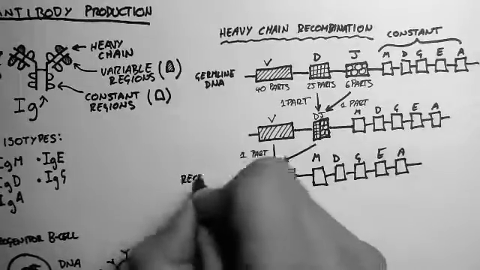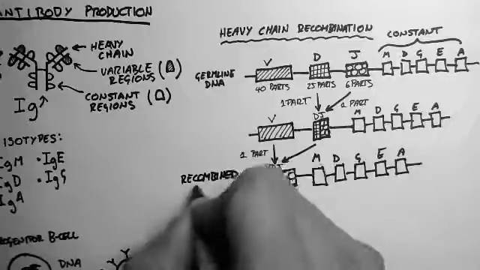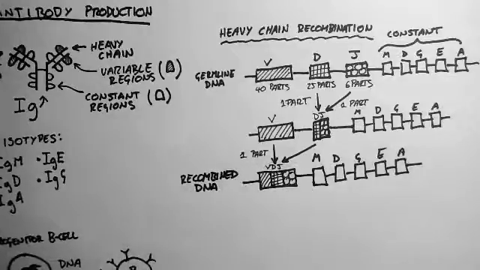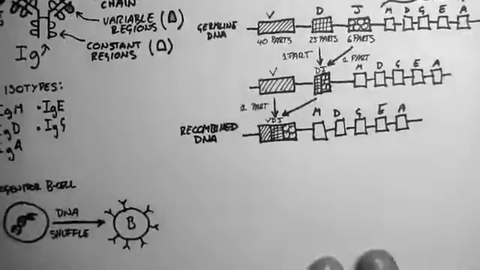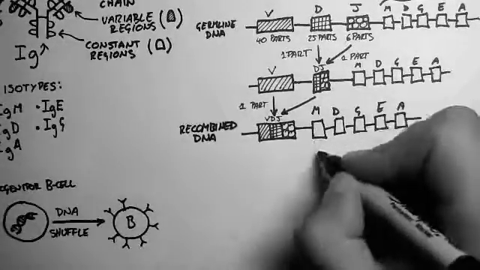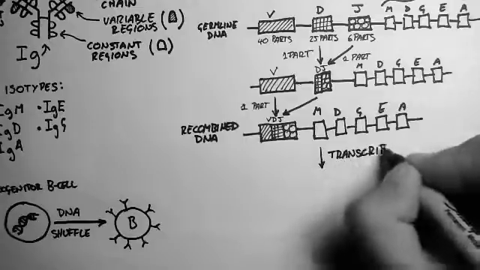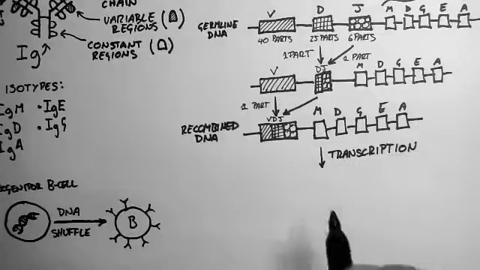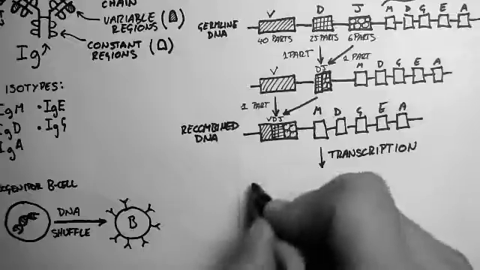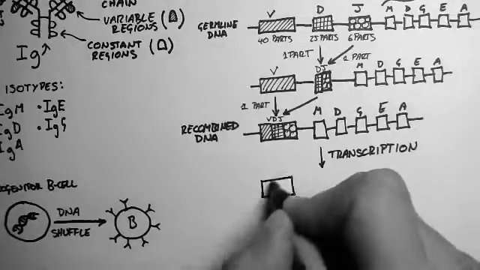So this is what we call the recombined DNA. And depending on which part is selected, many different types can be created. Now this whole piece of DNA gets transcribed, so it becomes a string of mRNA.